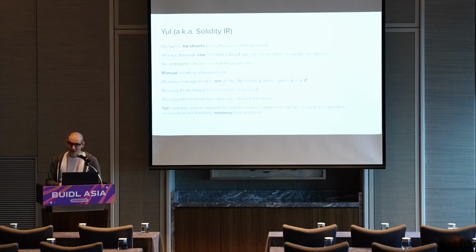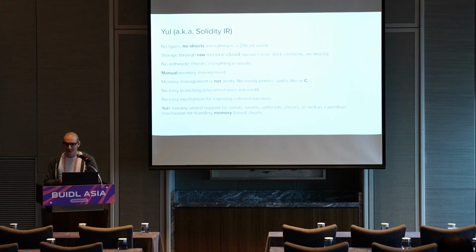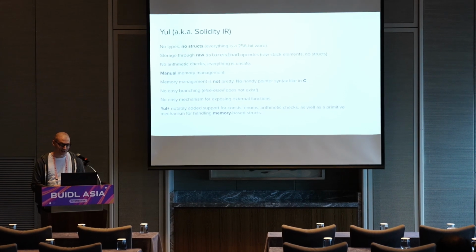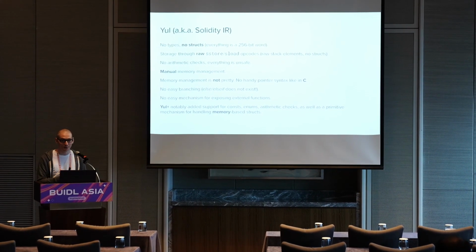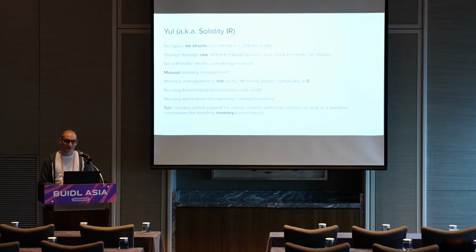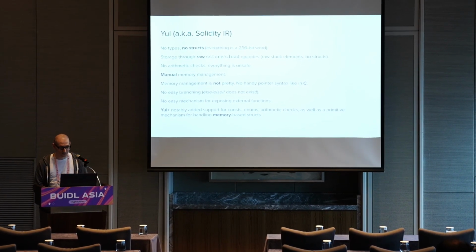There's no easy branching. You can do if, but you can't do else or else if. To anybody who's written Yul code, I think most people would agree that's very annoying. There is a switch statement, which can basically be used to emulate else or else if.